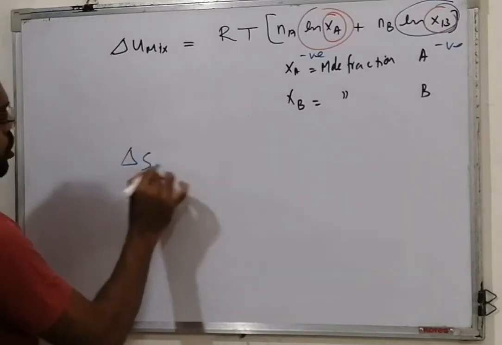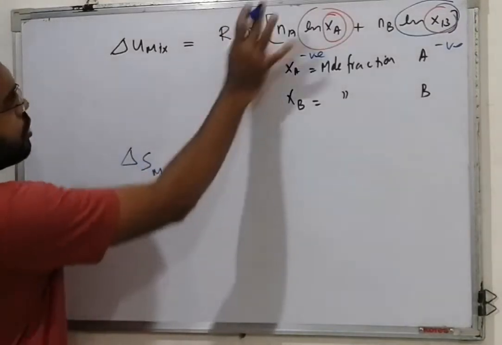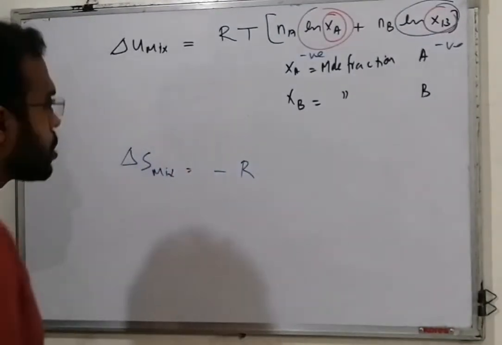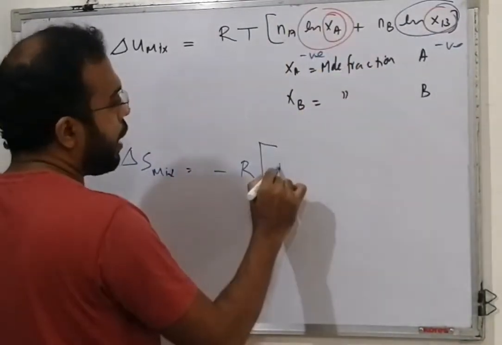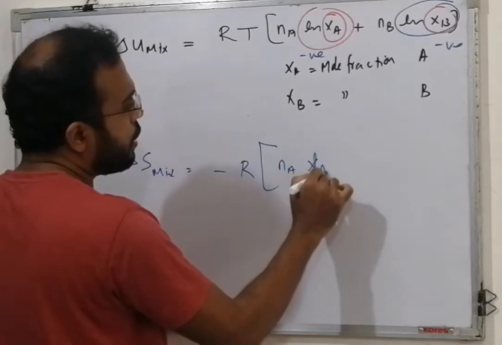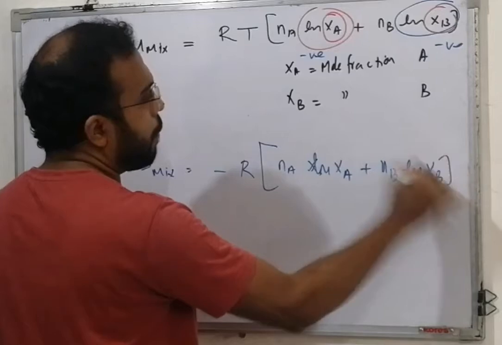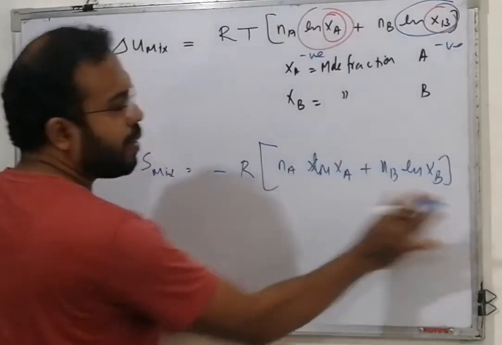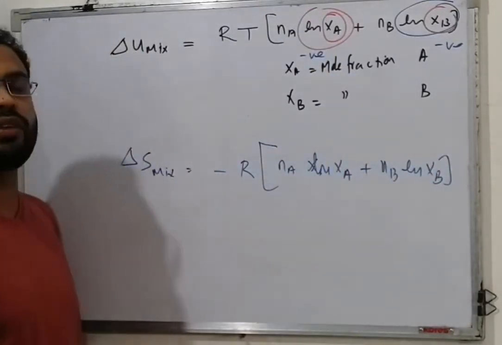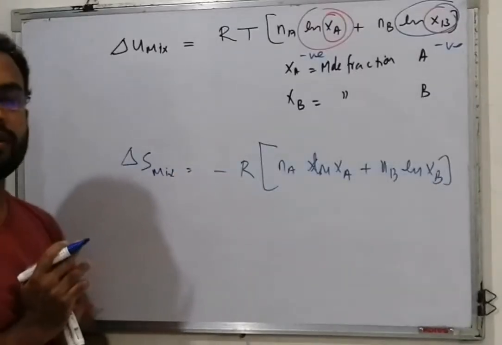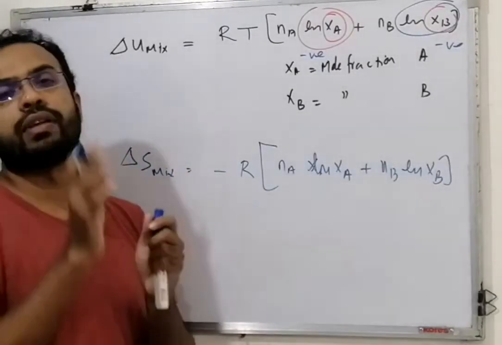Delta S mixing, you just remove the T and put the minus. All things are okay: NA ln XA, NB ln XB. This entire value will be negative. Negative into negative will be positive. Therefore, this will be positive. During the mixing, entropy will increase.